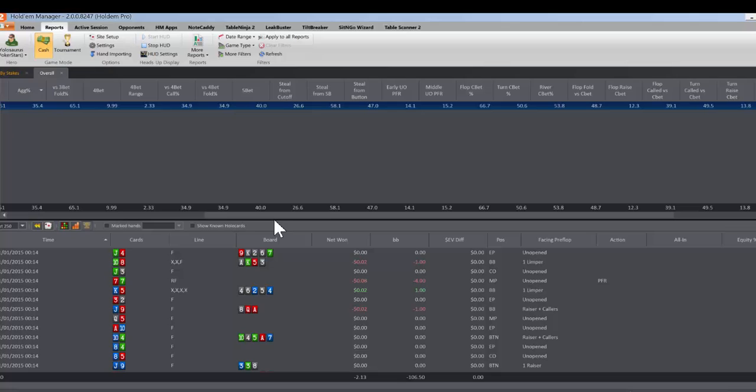Okay, so next is your 4-bet. So 4-bet refers to how often you are 4-betting when faced with a 3-bet. So this 10% here means that you are 4-betting 10% of your opening range. So if let's say you are in the button, you're opening 50%.